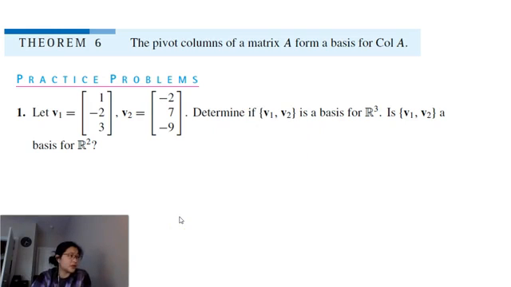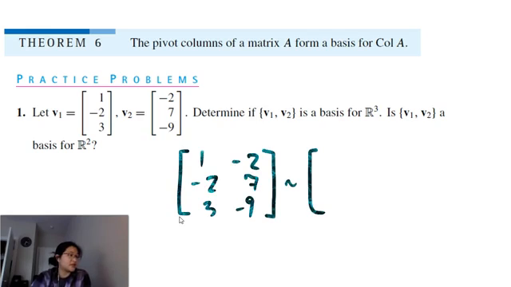Well, we can do some row ops. We can make an augmented matrix and think about it, where we get 1, -2, 3, and then -2, 7, -9. But this will go away because of this one.